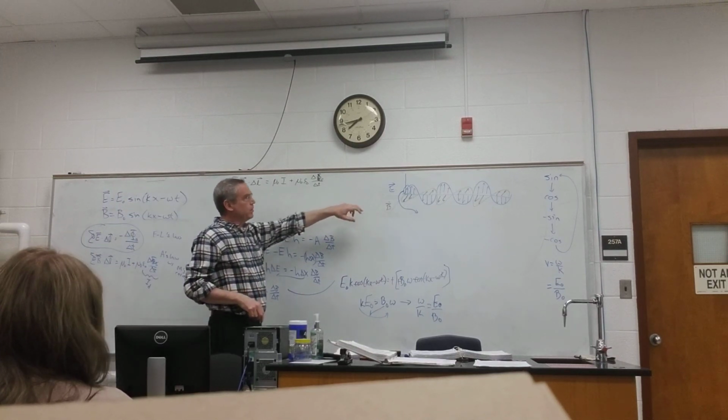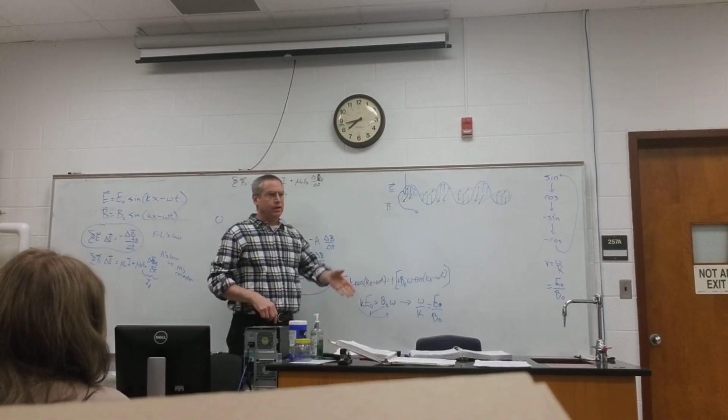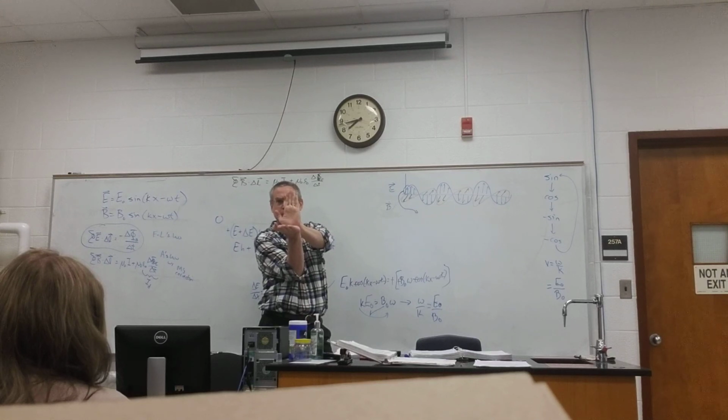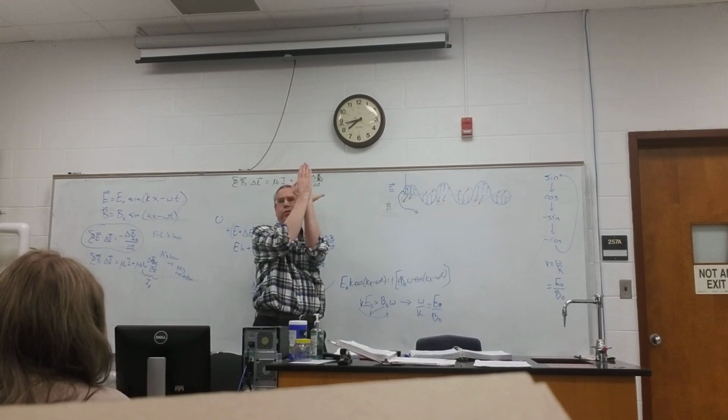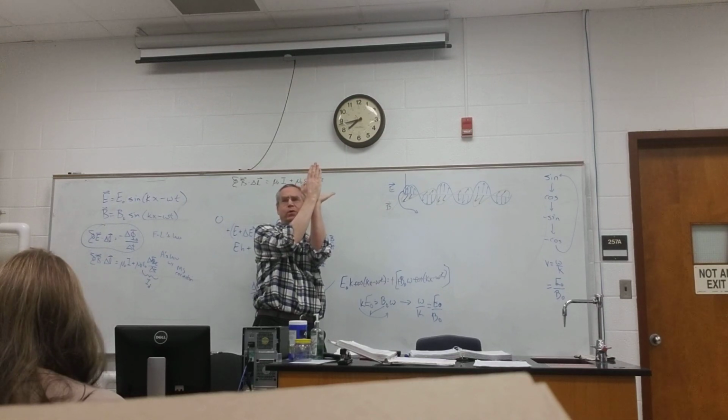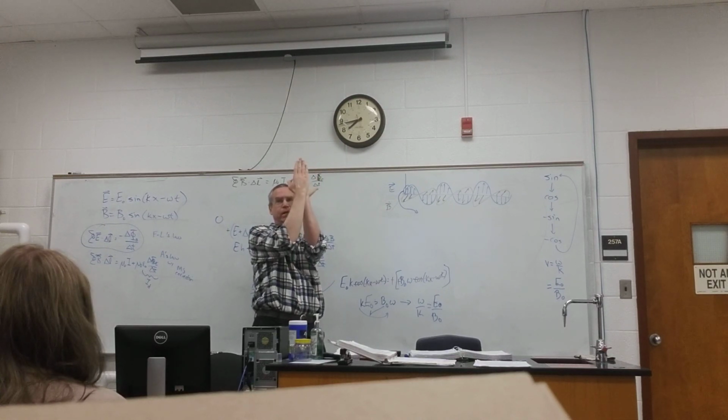Looking at our diagram again, we have electric field going up, magnetic field coming at you. From this point of view, the magnetic field is going up, the electric field is going into the board, because they go together.